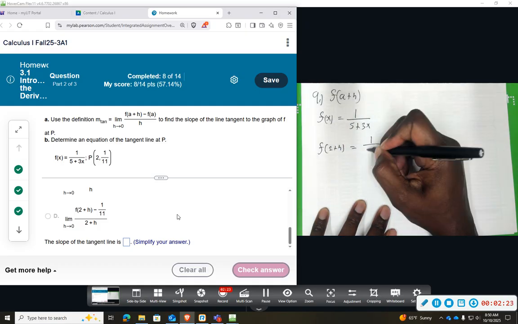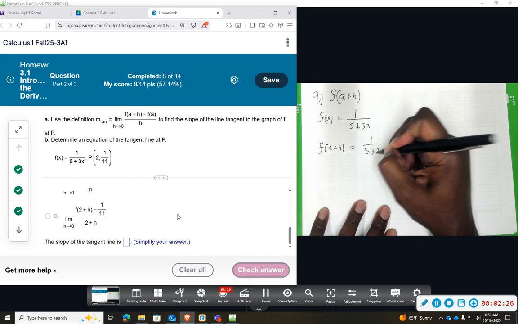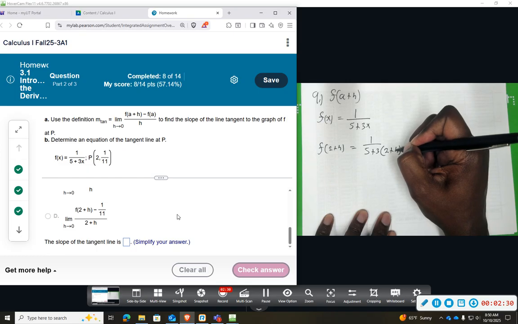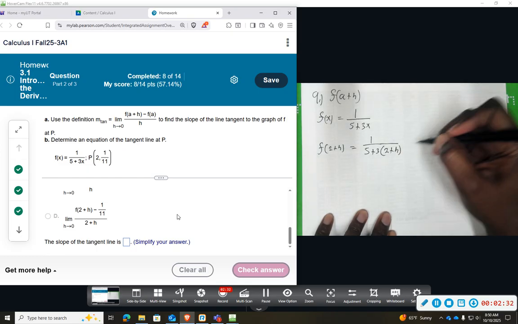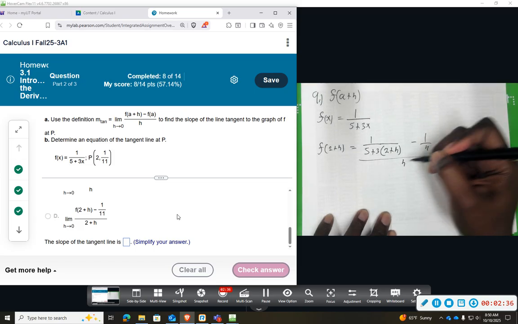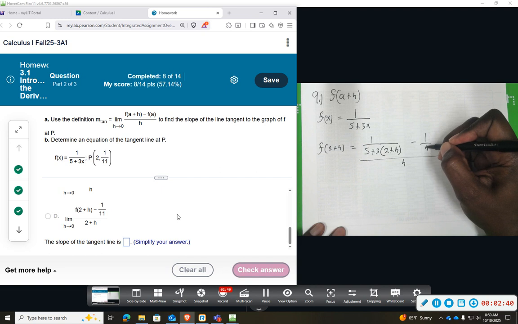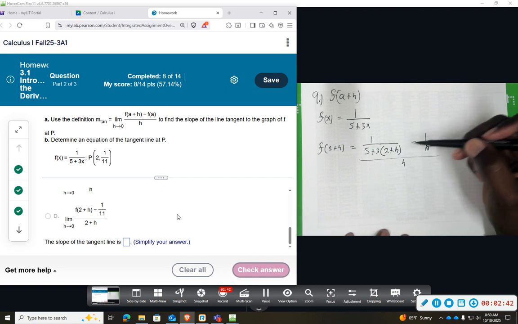One over 5 plus 3 times 2 plus h. Okay, so this is simple enough. The other part was minus 1 over 11. And then it's all divided by h, and of course we would need to take the limit, but we'll do that at the end.